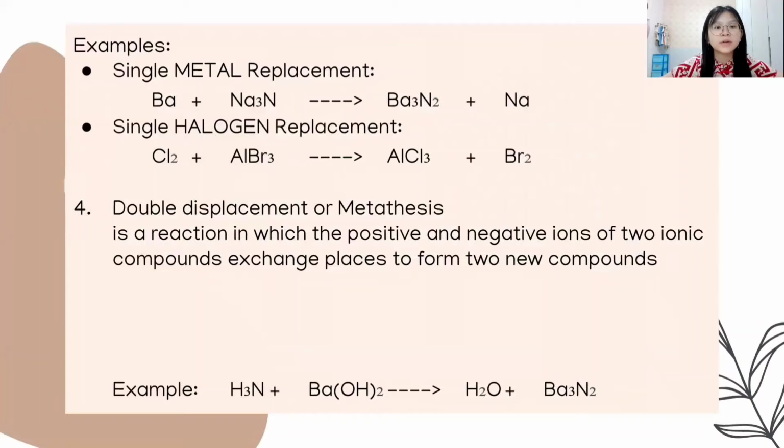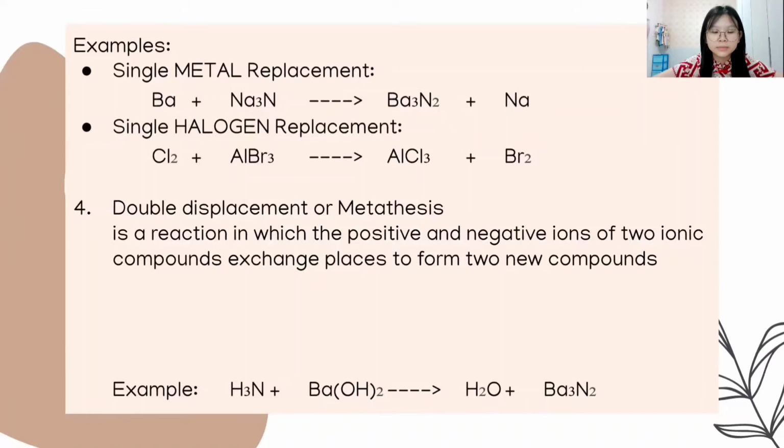Example of the single metal replacement: barium when reacts with sodium nitrite yields barium nitrite and sodium. The example of single halogen replacement is chlorine gas when reacts with aluminum bromide yields aluminum chloride and bromine.